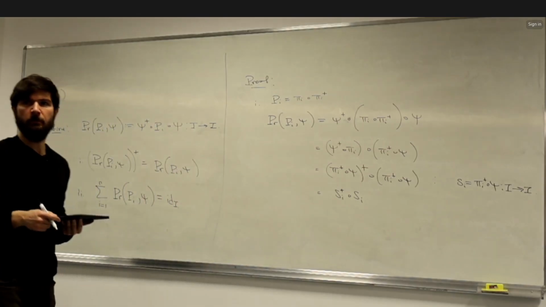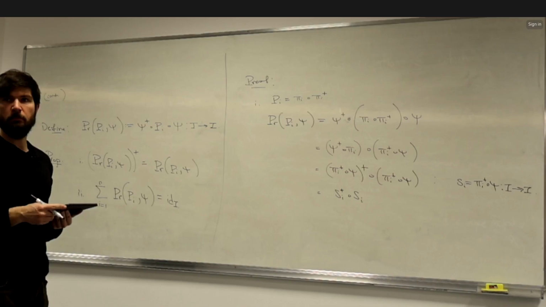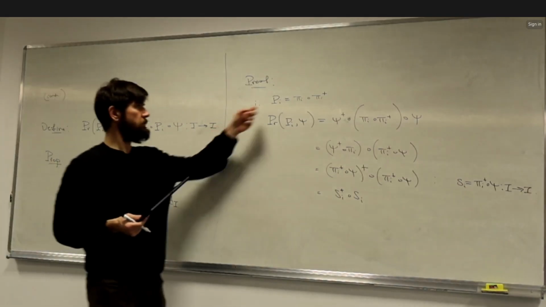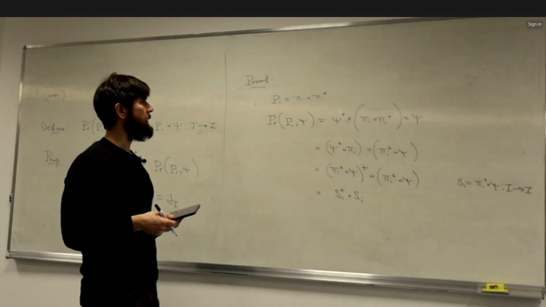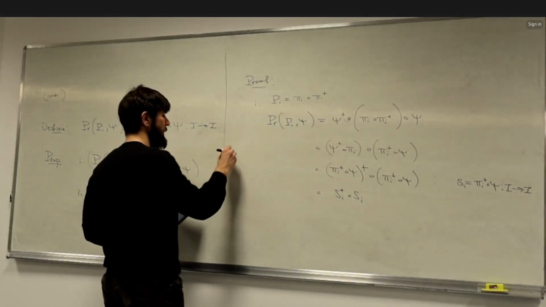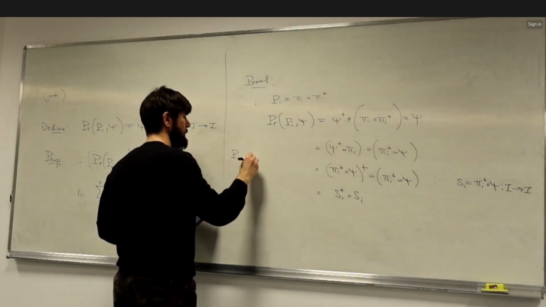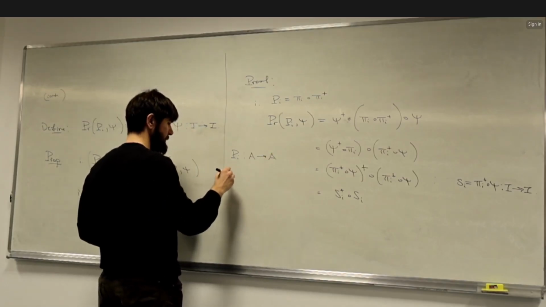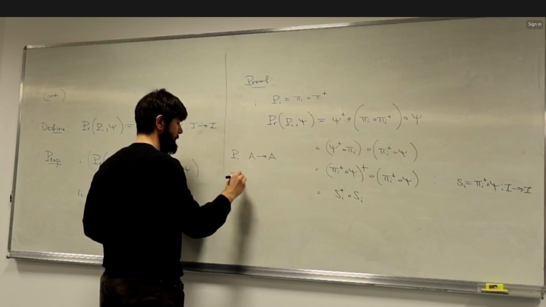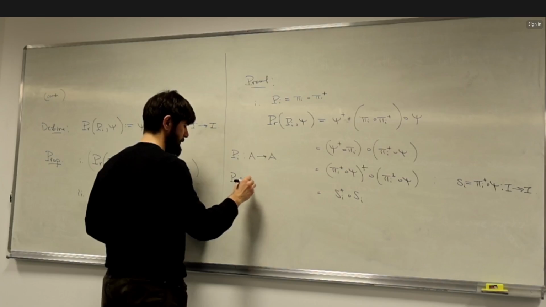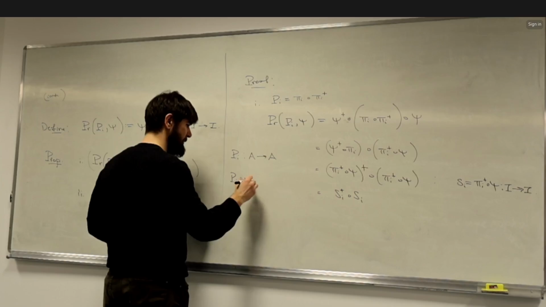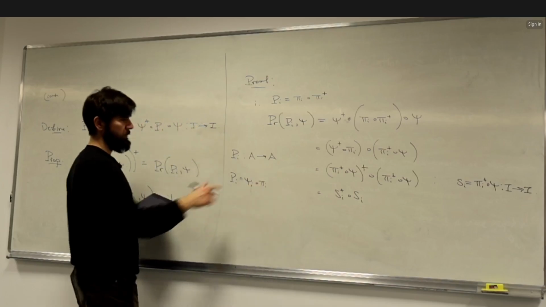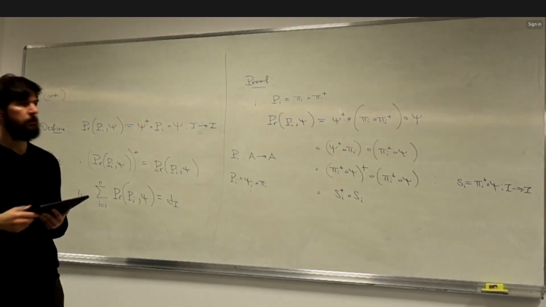No? I'm just trying to remember how you defined the PIs before. There was the U, and then there were two structure maps. The PIs? Yes. The PIs I defined as follows. PI is a map from A to A. And in fact, I had that pi was equal to psi I, pi I. This is just the dagger of psi.